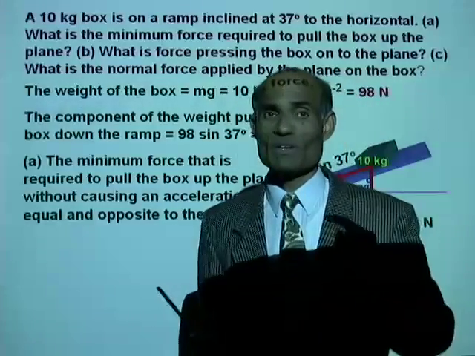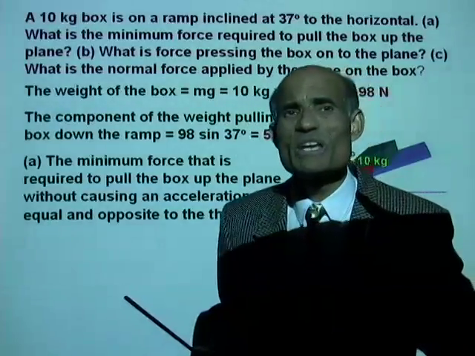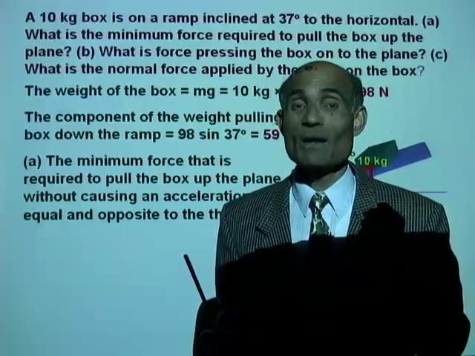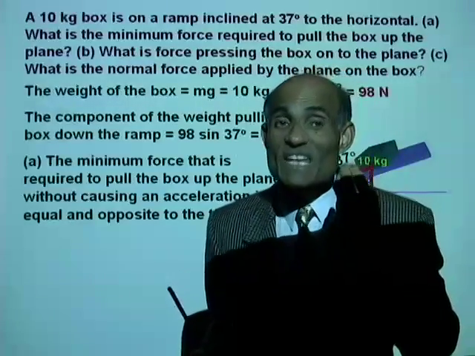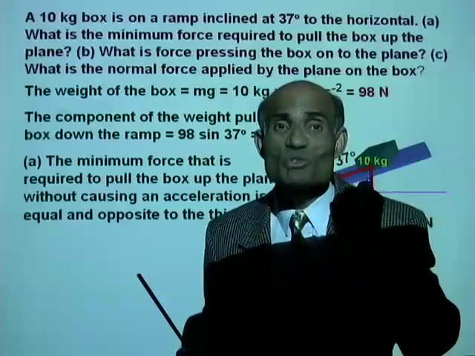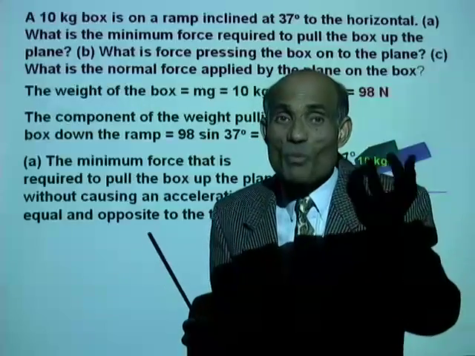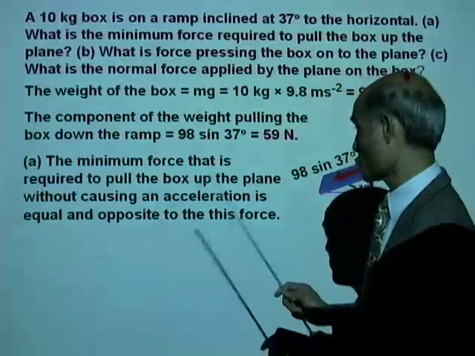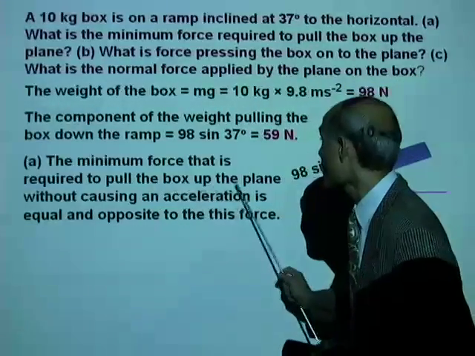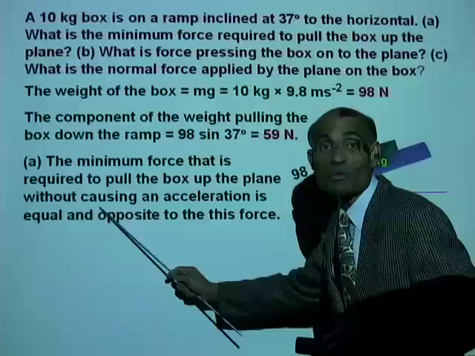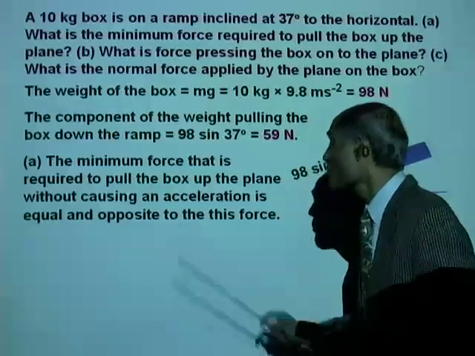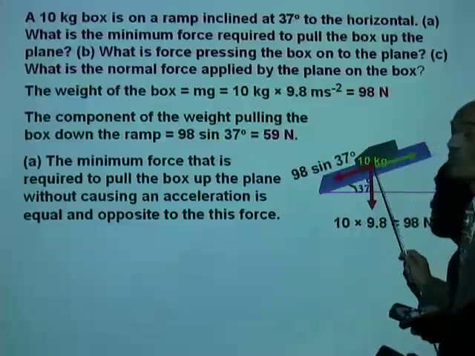Well, some of you would say, but don't you need a bigger force than 59 Newton? Well, remember, if there is a net force, it's going to produce an acceleration. We want the state when the forces are balanced. So, in order to pull the box up the plane without causing acceleration, we need an equal force in the opposite direction.